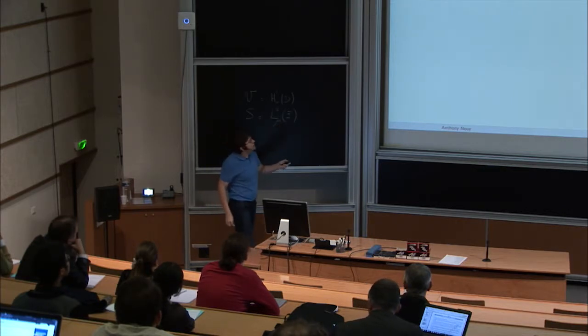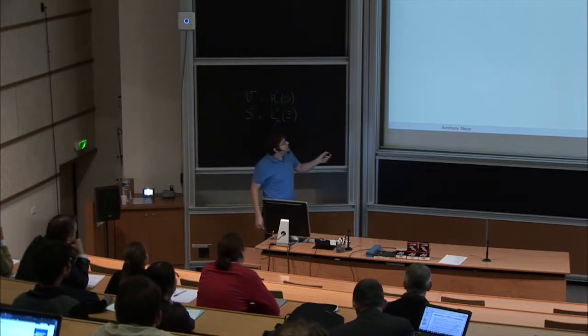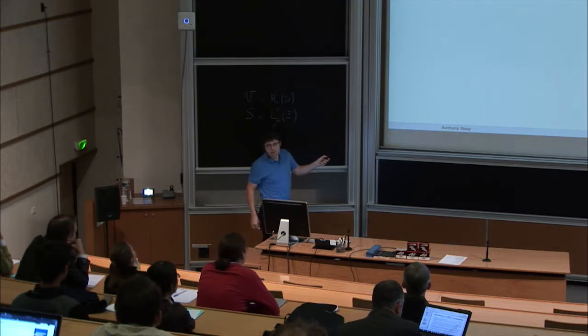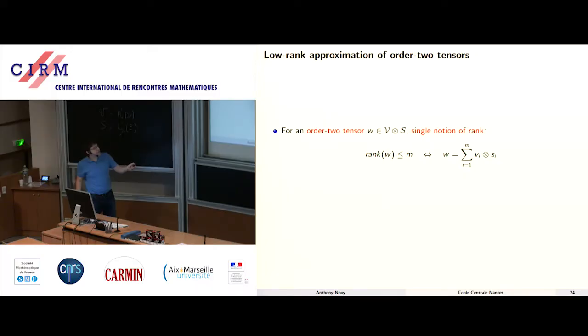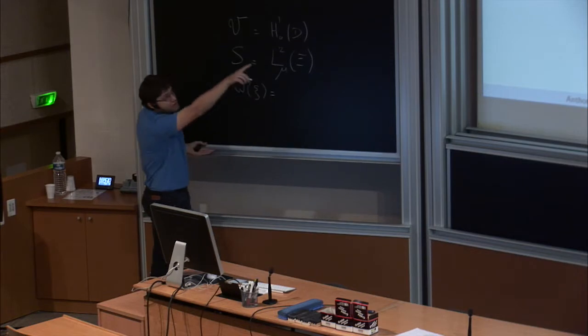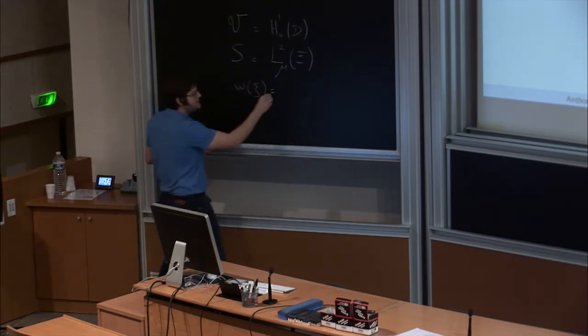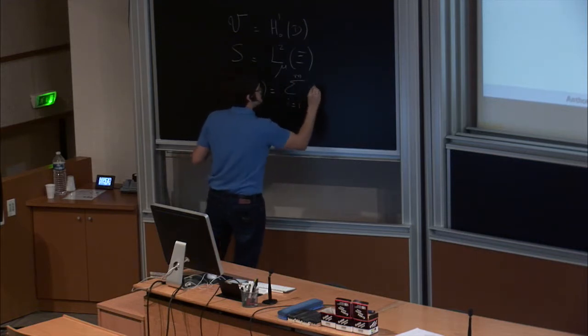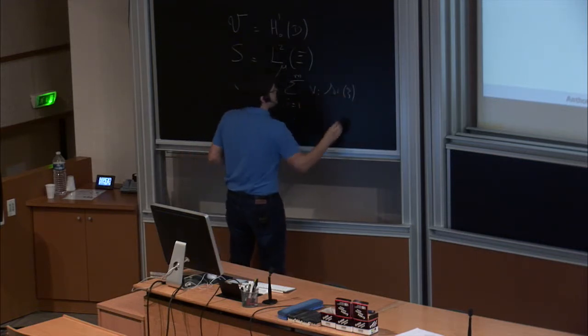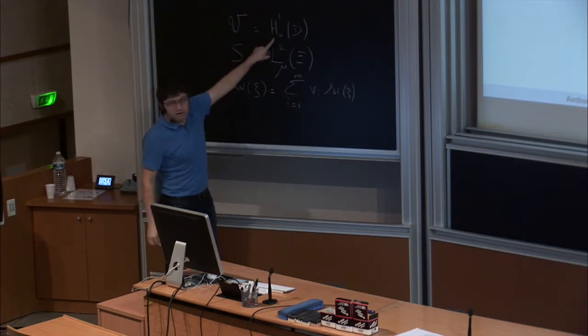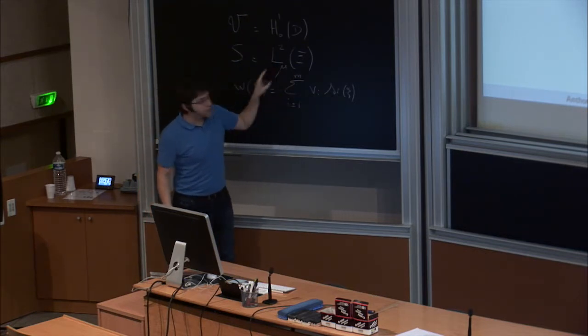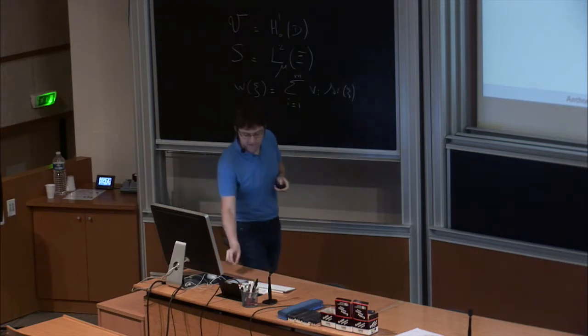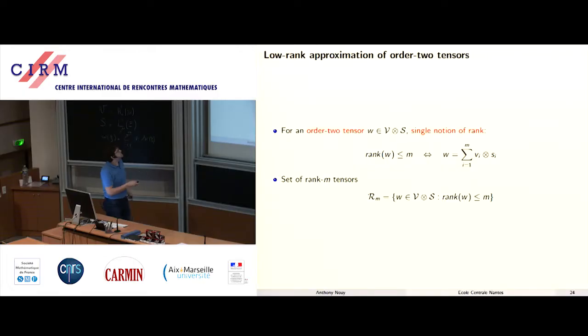Here there is a unique notion of rank. An element will be of rank bounded by M if it can be written as a sum like this. In this context, see the function W as a function of your parameters, and I write that it can be written like this: elements of your space V times functions of the parameters. So have this context in mind.